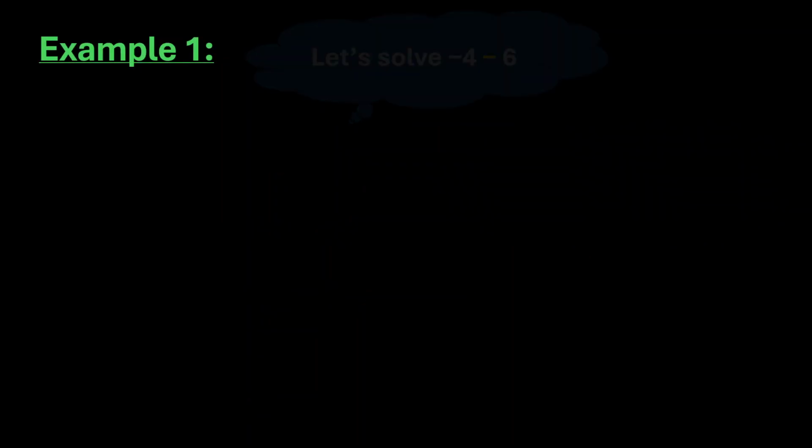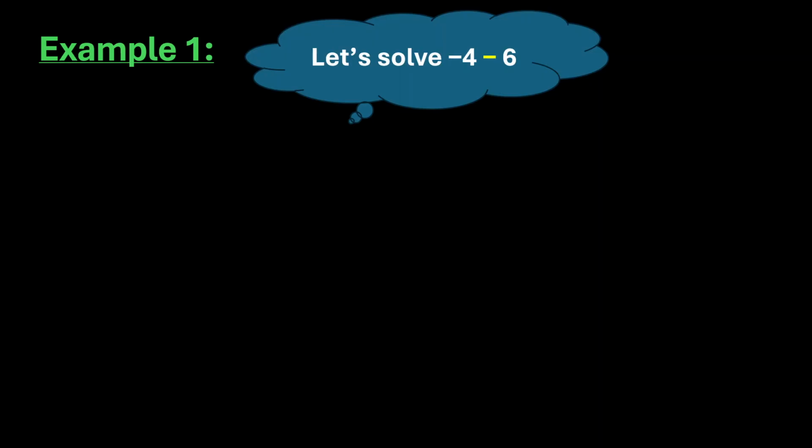The second example, let's solve minus 4 minus 6. First step is to change the subtraction to addition. Of course, we keep the first number, minus 4, and we change the sign, minus to plus. Then we add the opposite of 6, which is minus 6.